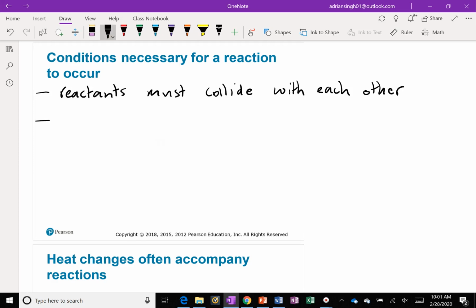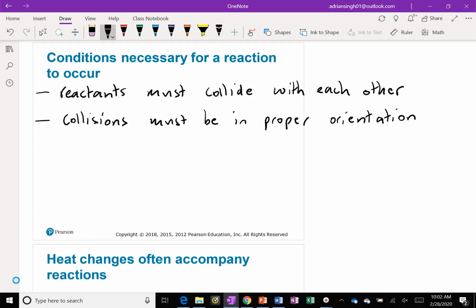Now, in addition to the reactants colliding, in a lot of cases, especially when you deal with bigger and bigger molecules, those collisions must be in the right or in the proper orientation. So for example, if they collided in one orientation, that may not lead to a reaction as if they collided in a different orientation or alignment.